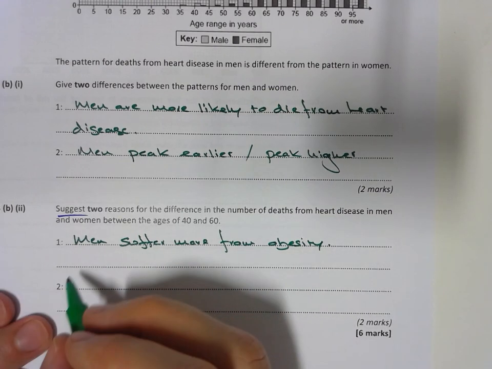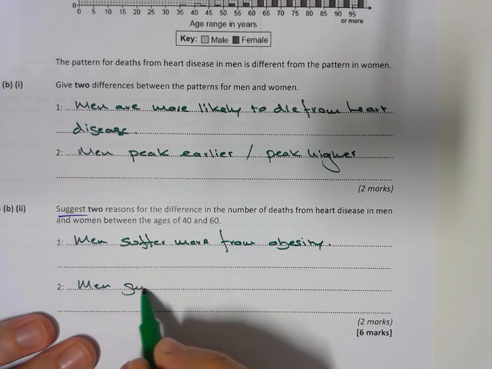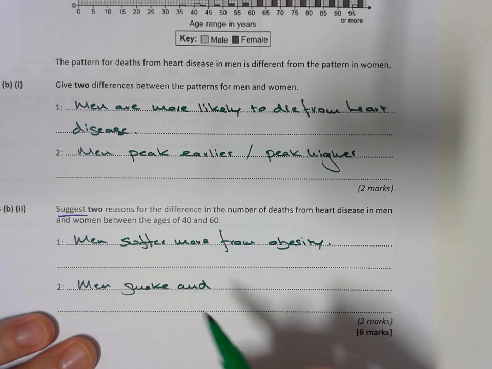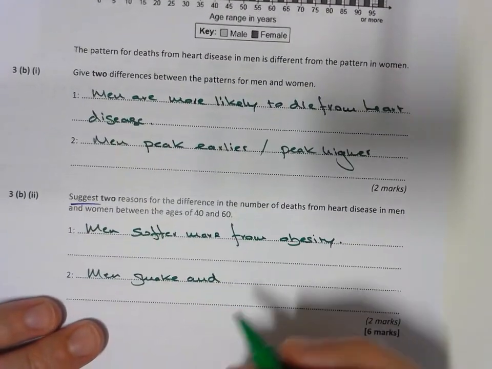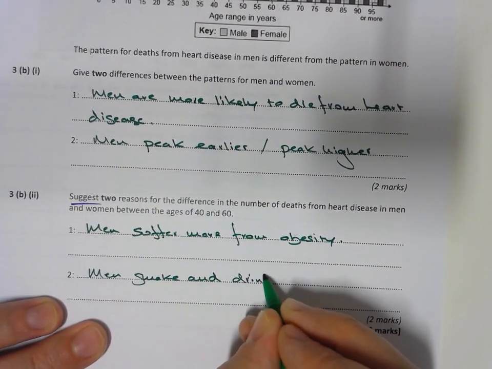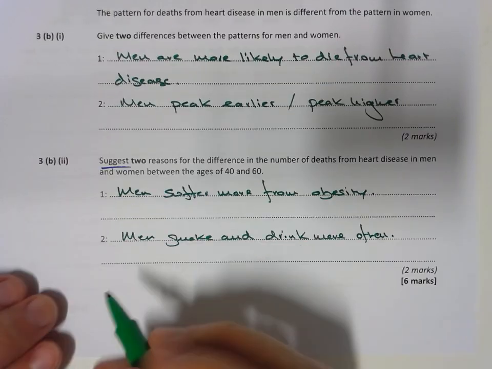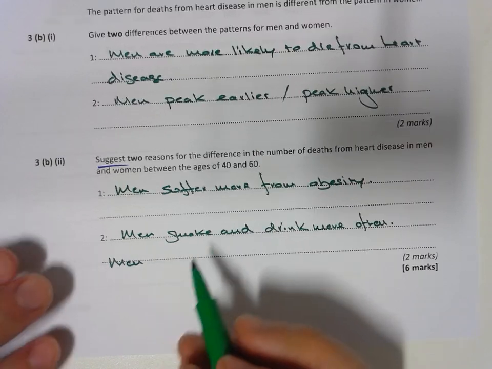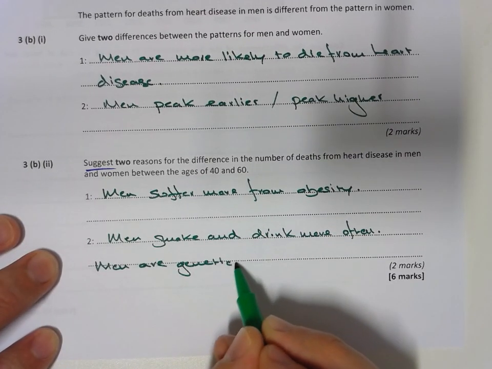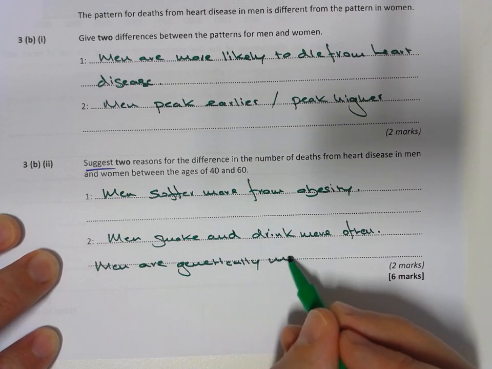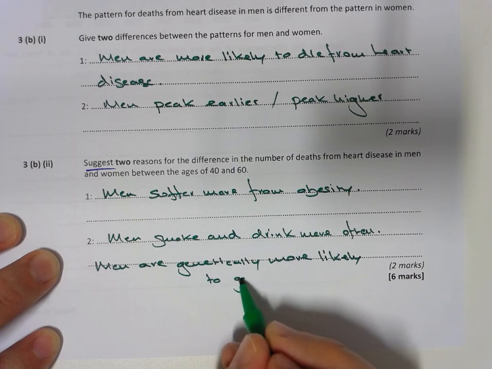You could say men smoke and drink more often. Again, we're not 100% sure about that, but it's a reasonable suggestion if we've got the data here. You could say that men are genetically more likely to get heart disease.